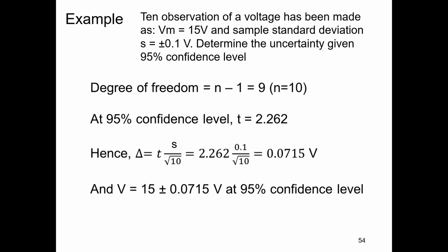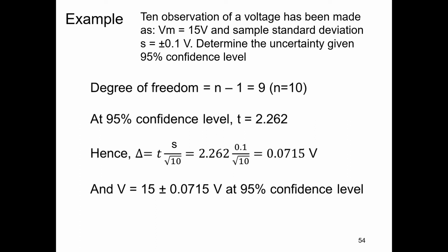Here we have an example. Let's say we have made some measurements of voltages. The arithmetic mean of the voltages is 15 volts, and the standard deviation of the sample is 0.1 volts.